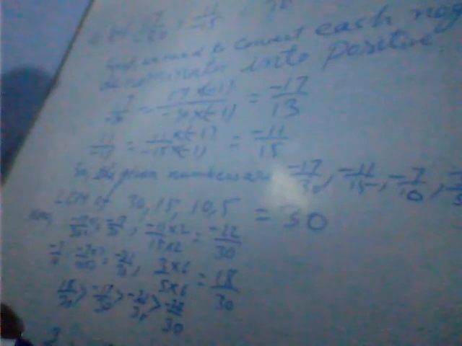This is what we get after multiplying a certain number to get the common denominator. Then we write the original numbers in descending order. We have written 3 by 5 is greater than 17 by minus 30, which is greater than minus 7 by 10, which is greater than 11 by minus 15. We arranged these numbers in descending order.